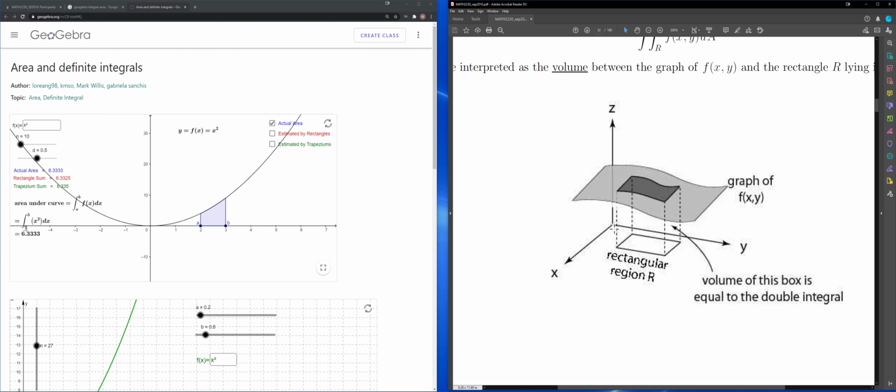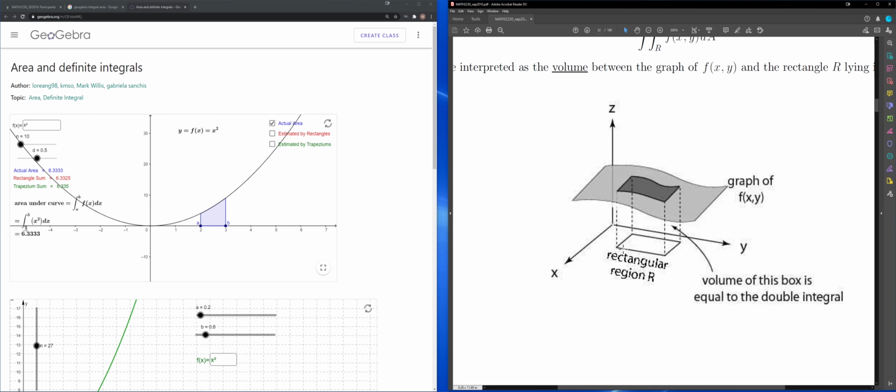This corner over here will come up and hit this point on your graph. Likewise, this corner over here will come up and hit this point on your graph. So this entire rectangular region, when you project it up, will hit your graph in this dark gray region over here.